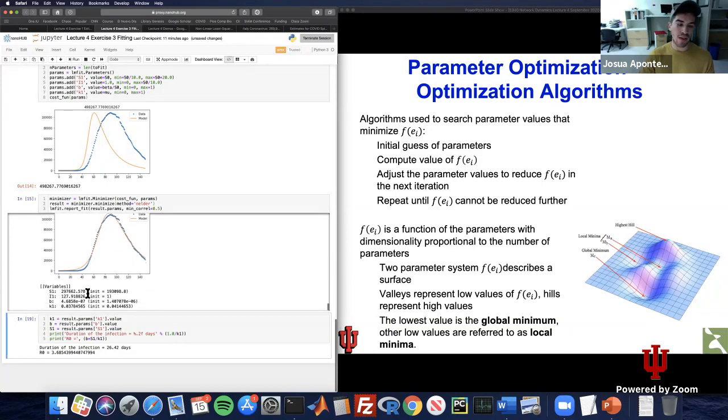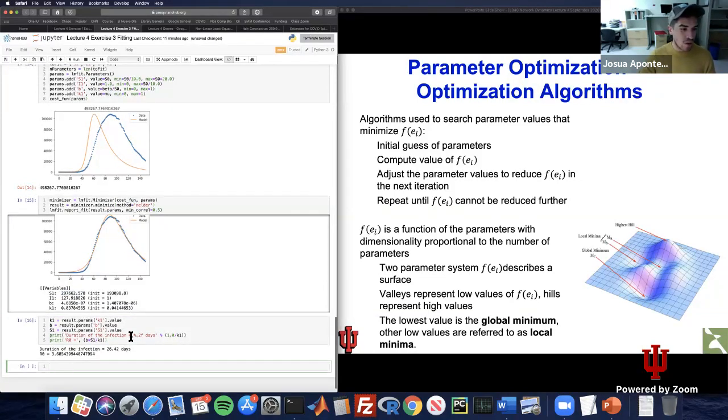And then the fitting algorithm is going to report what the optimized parameter values are. And you can see that in terms of these parameters, S0, beta, K1, we were not terribly off. We were more off with our initial guesses of I1, which is not something we estimated from the data.